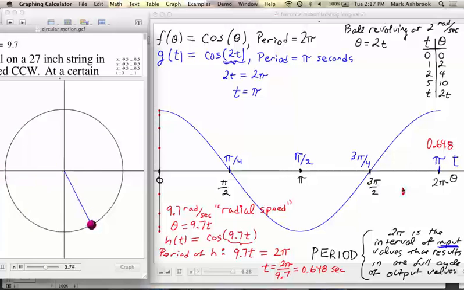All right, our period is. So one thing you'll need to do, we're going to be next week graphing some more complicated sine and cosine functions. One technique that you have to have is find the period and then break it up into 4 equal amounts of time, and find those times. So for a period of 0.648 seconds, can you find what these 4 time values are?